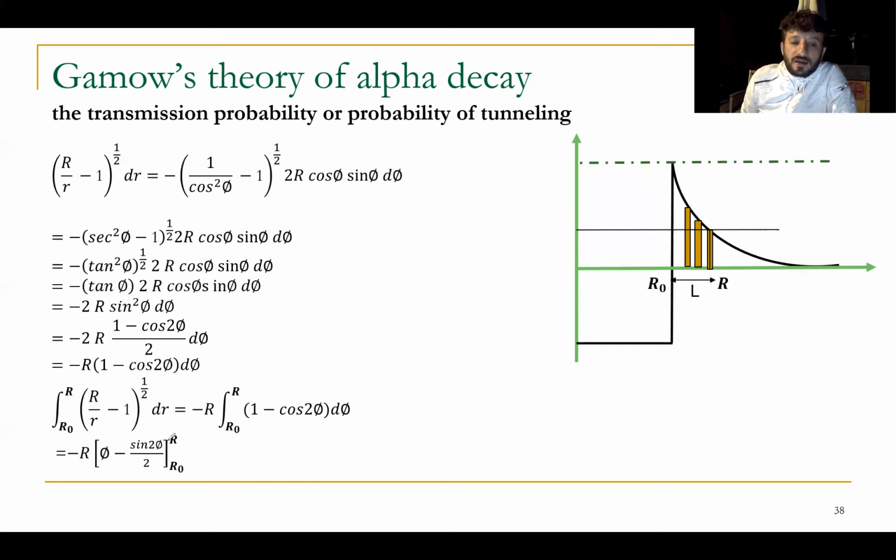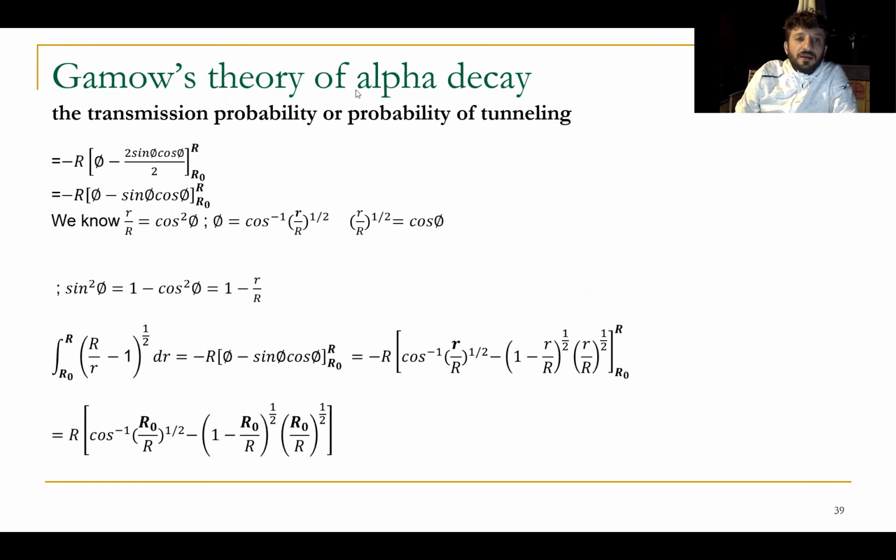The integral of d phi equals phi. The integral of cosine 2 phi equals half sine 2 phi, between the limits r0 and r. Okay, you know how you can do it.